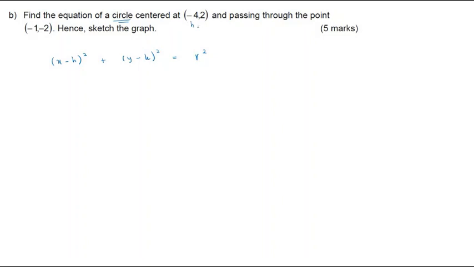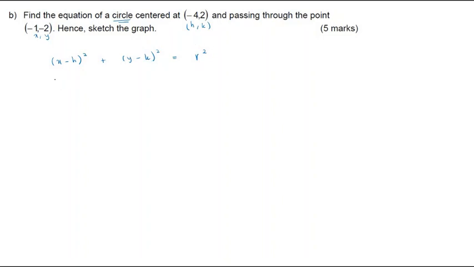So this is (h, k). h is -4 and k is 2. And then we are given another point, so we can substitute this point as x and y to find r.